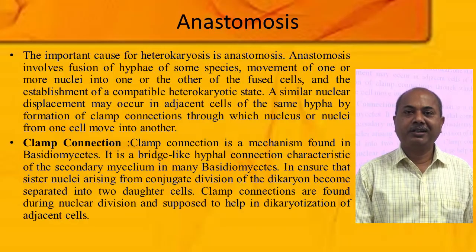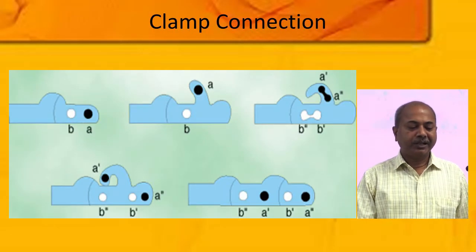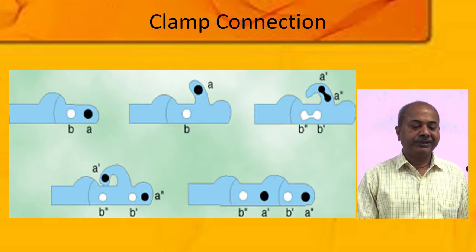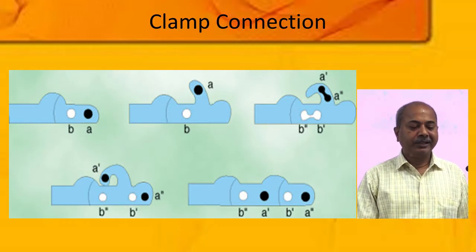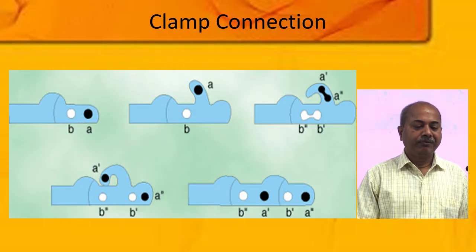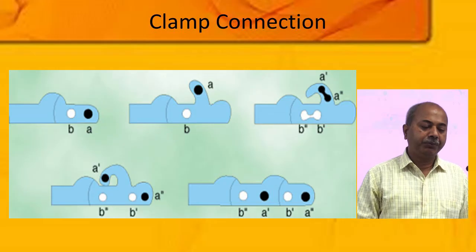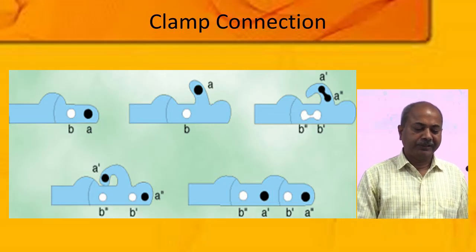You can better understand it through the pictorial diagram. So in the pictorial diagram, what happens? You see there are two different nuclei in the same cell, and there is a formation of a clamp-like structure where one nucleus moves and the other nucleus remains as such.